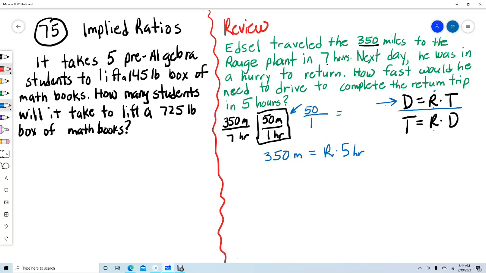And 50 over 1 is really just 50. So for the purpose of solving this problem, I don't have to worry about a fraction here. Let's just look for our single value, and that's going to end up being our numerator of our speed. In other words, just looking for a single value for rate is going to make our problem easier. Now what I have is, I'm going to drop my units for a moment and make this simple.